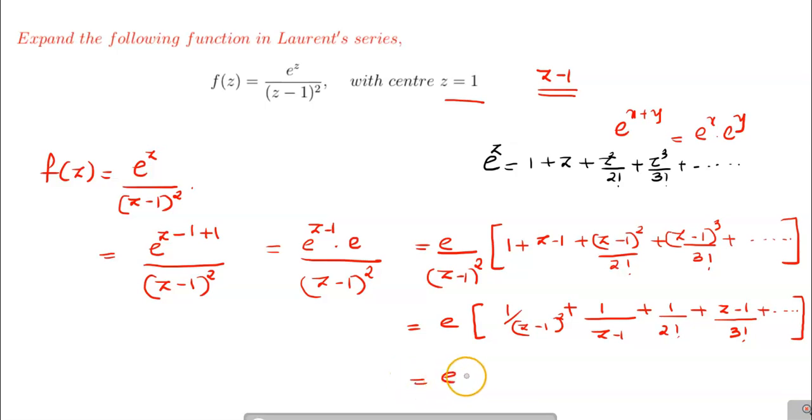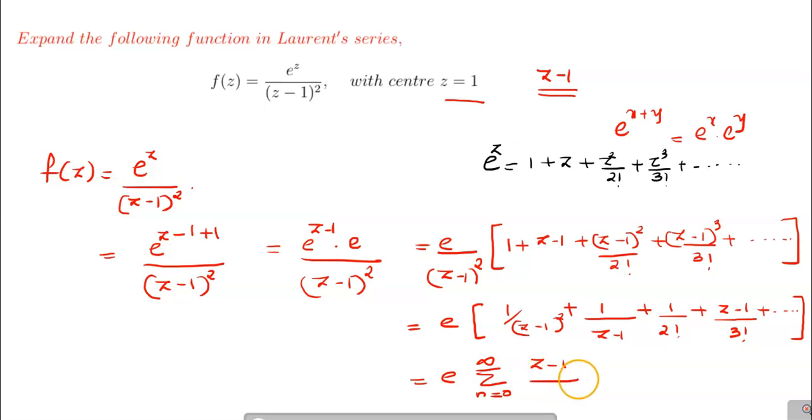So this is e times the series n is equal to 0 to infinity. We have the 1 by (z minus 1) all square and also a negative term. This is (z minus 1) power minus 1 and this is (z minus 1) power minus 2.